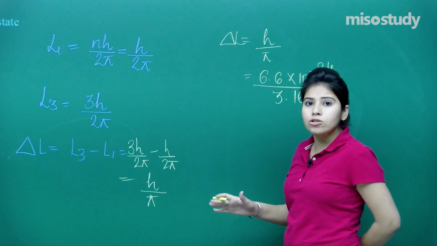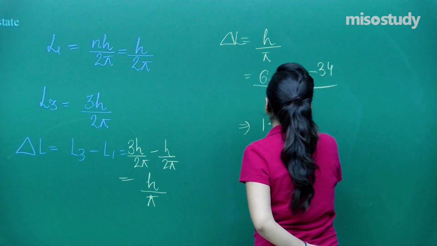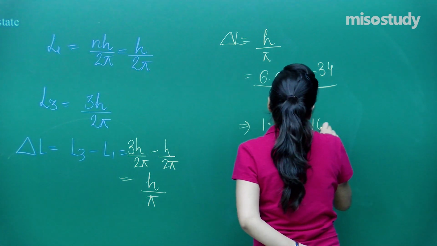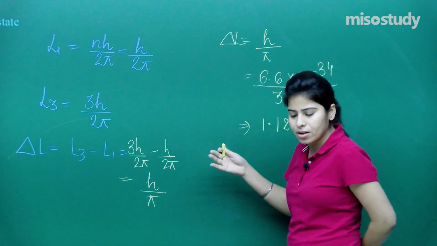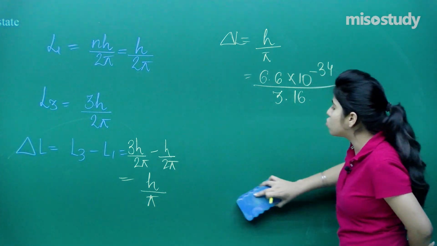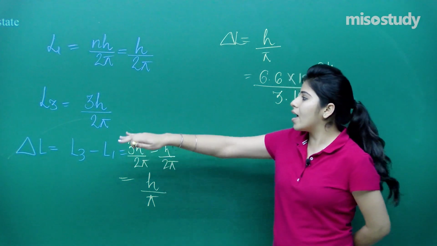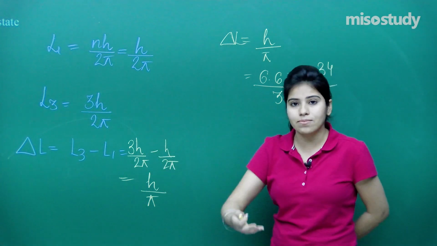If you solve this, the value will come out to be something like 1.12 into 10 raised to the power 11 or so. I am not going to write the definite value because I am not going to do the calculation part here. That is up to you, because I have to tell you the approach.